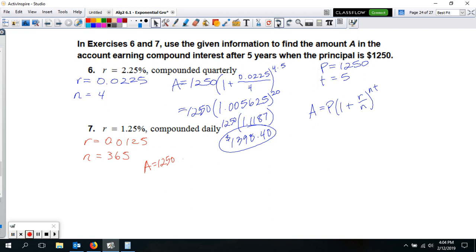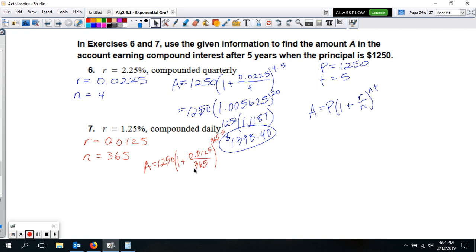And then we're going to have our 1 plus the fraction in that parenthesis, so we'll put that down. And then we're looking for R on the top of the fraction. That's going to be our 0.0125 number. And then 365 is going to go below that for the N. And then for the exponent, it's N and T, so 365 times 5 will be out there. So 365 times the 5 goes as your exponent.